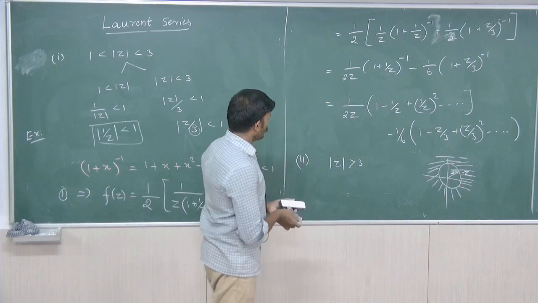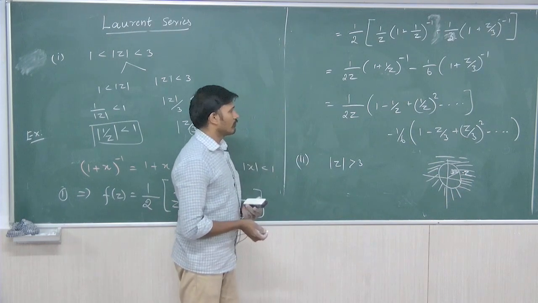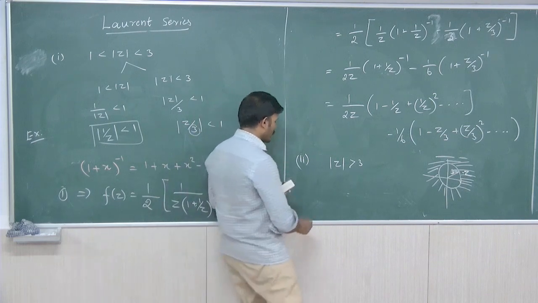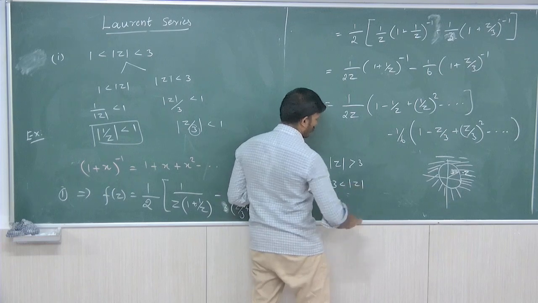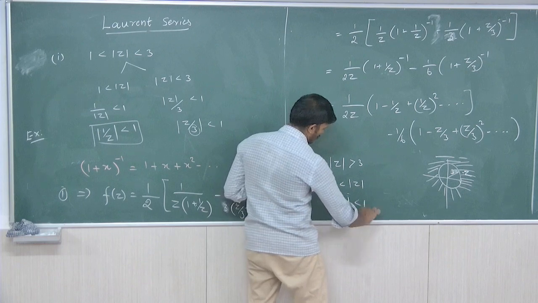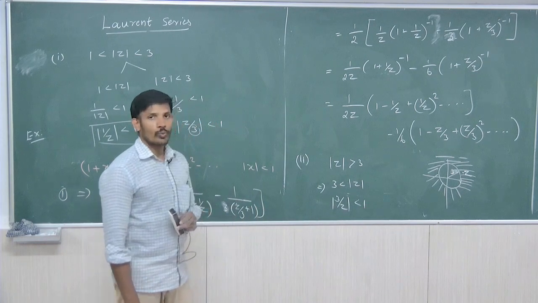So by using this expression, you can rewrite 3 less than modulus z. That means modulus 3 by z is less than 1.